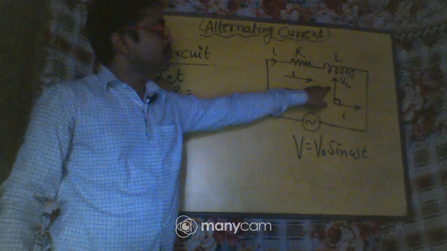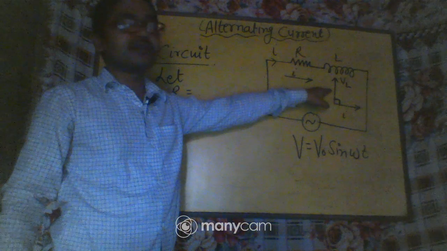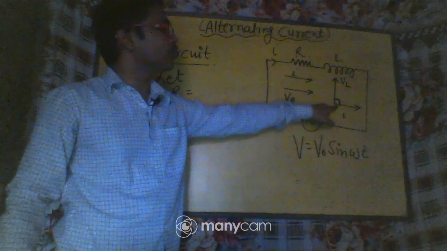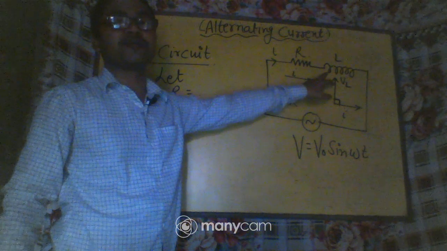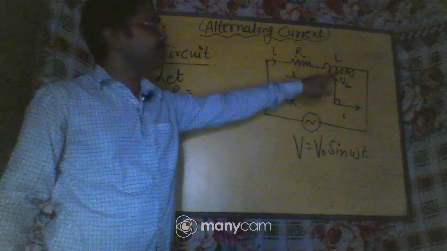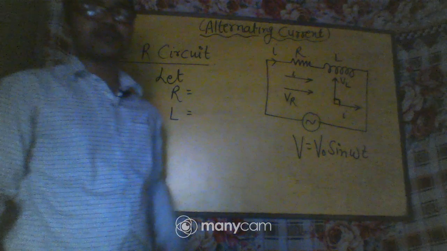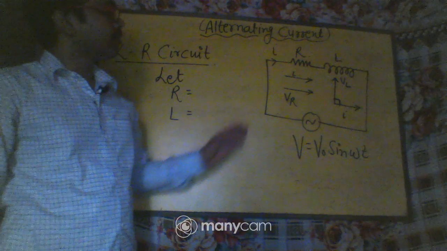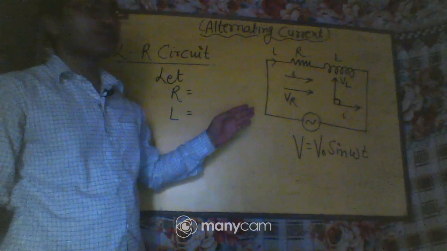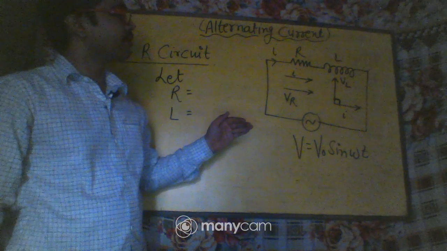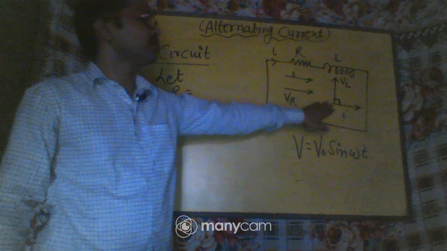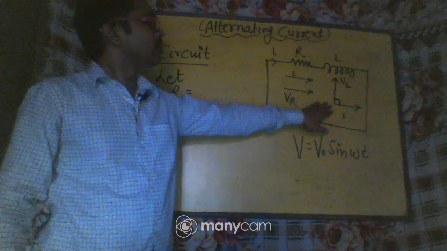We also know that the voltage VL is leading by a phase of π/2 in a pure inductive circuit, and in a capacitive circuit the voltage VC lags behind the current by the same phase, as shown here.